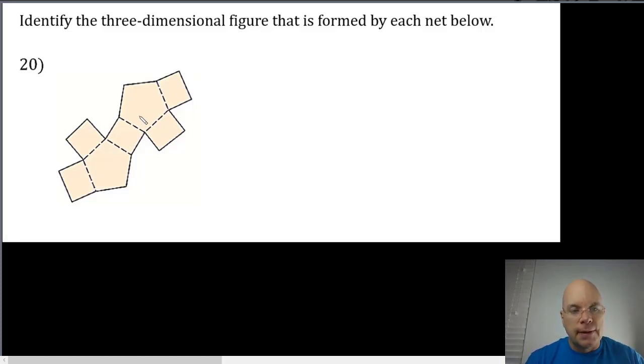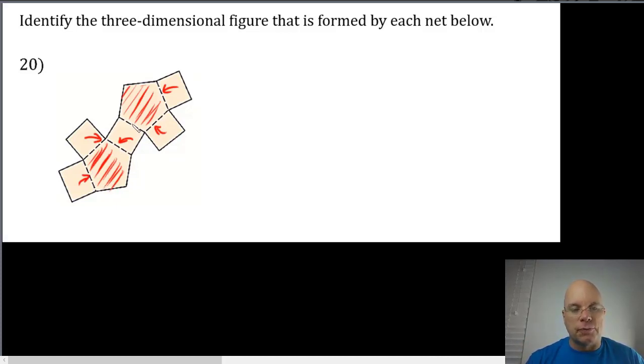You have to sort of recognize that this face and this face, when these are folded up, if you imagine these three rectangles folded up, and then these two rectangles folded over, these two bases, these two pentagons, will be parallel to each other, and you can see by inspection that they're congruent.